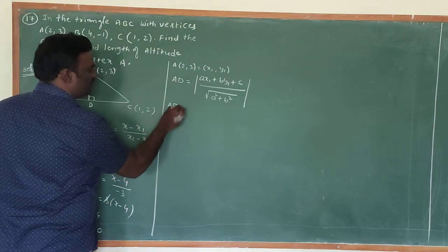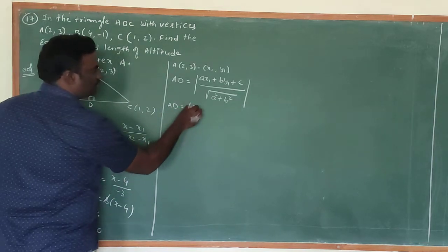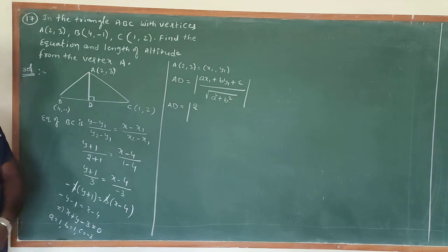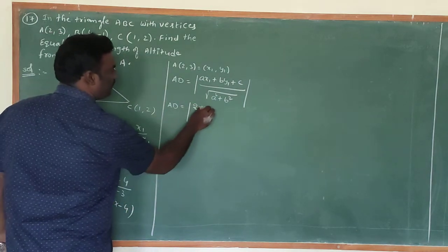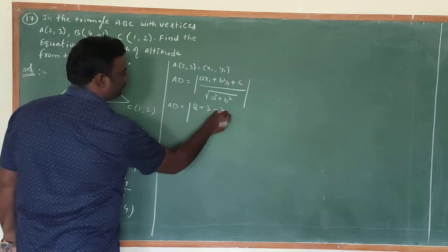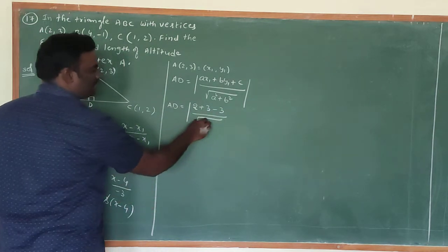Then the length of altitude AD is: A x1, 1 into 2, 2; B y1, 1 into 3, 3; plus C, that is minus 3, by under root of 1 square plus 1 square.